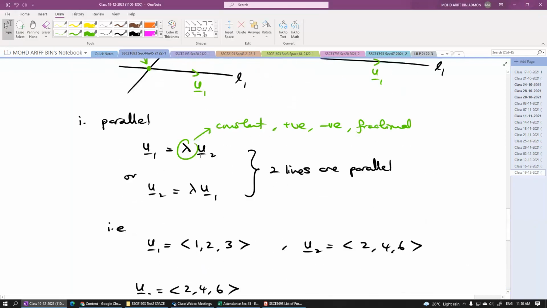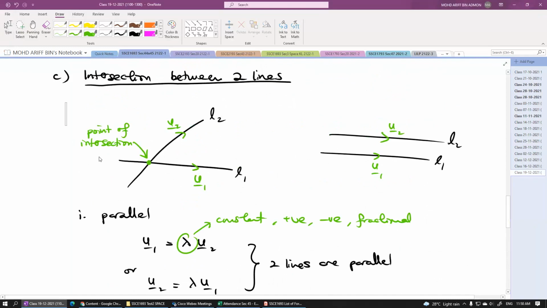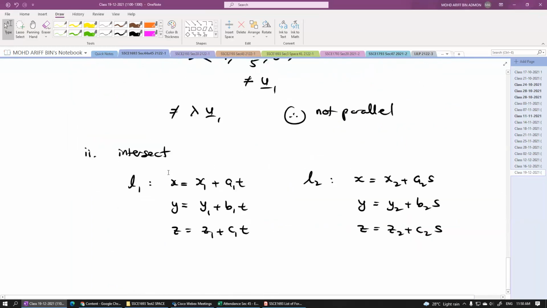So go back to this intersection. If they intersect, it means that this point of intersection belongs to both. What is the meaning of the point of intersection belonging to both? It means that this x must be similar to this x, this y similar to this y, and the last one, z here, similar to this z for our line 2. Must be the same, because that is the point of intersection, belonging to both lines.